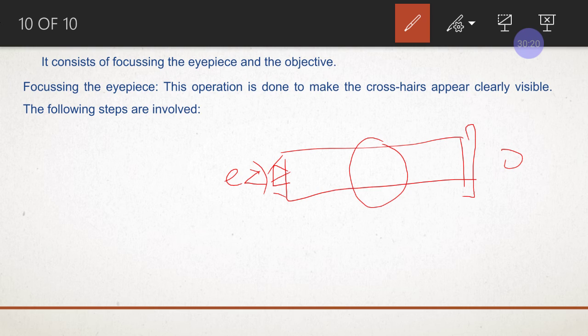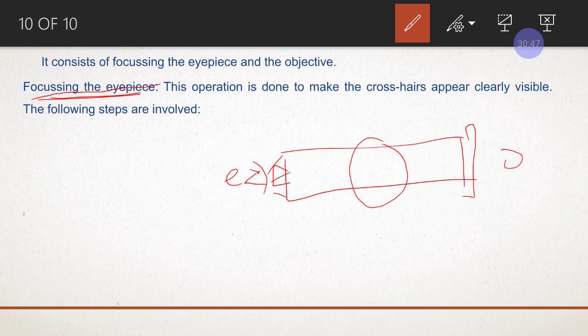If it becomes blur and you are not able to see the image properly, that time you're going to use the focusing screw for the proper clarity of the image. Your crosshairs are visible but the image is blur, so for that you use the focusing screw. And here we are talking about the focusing of the eyepiece, right?